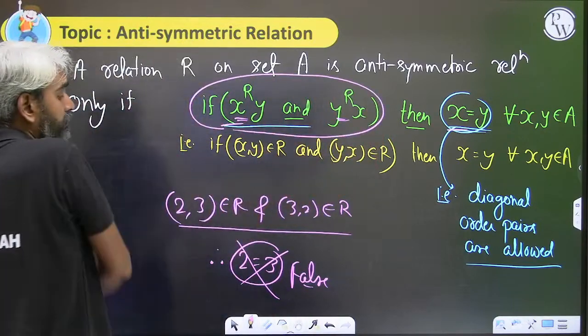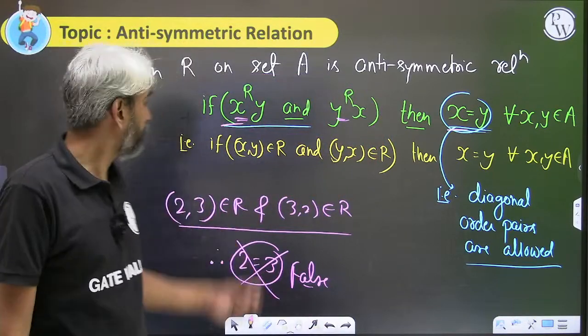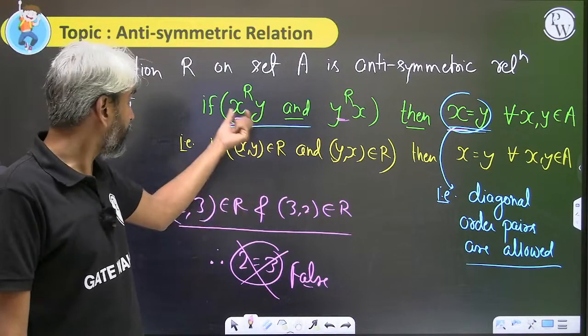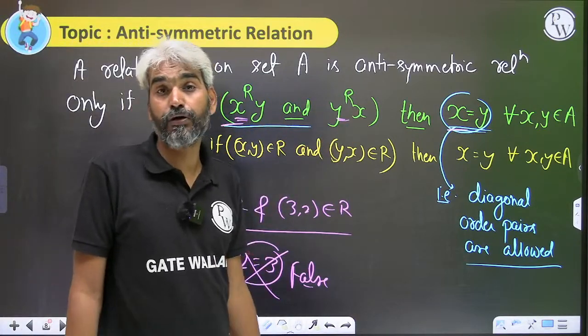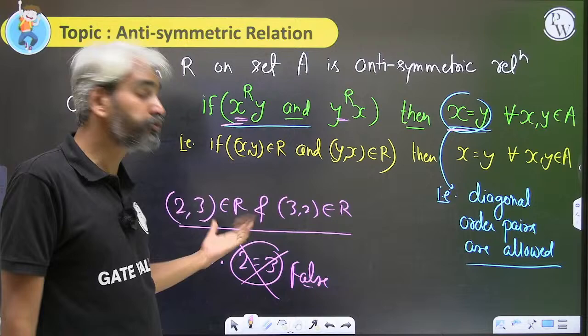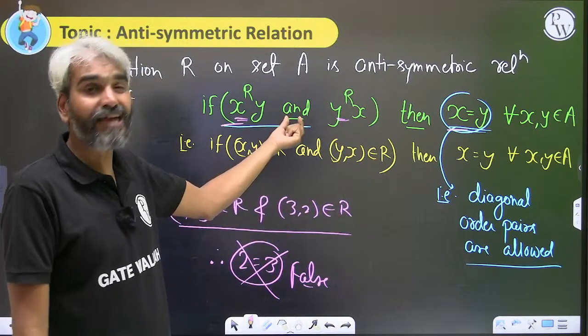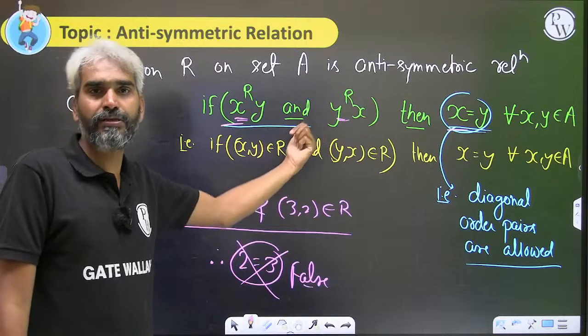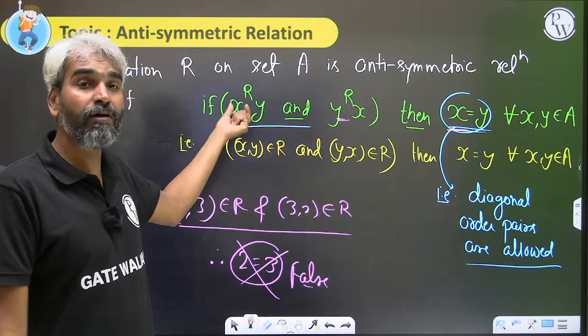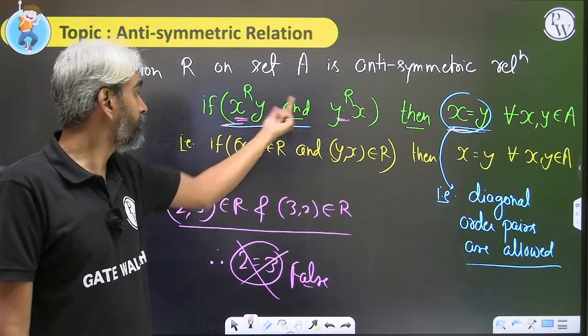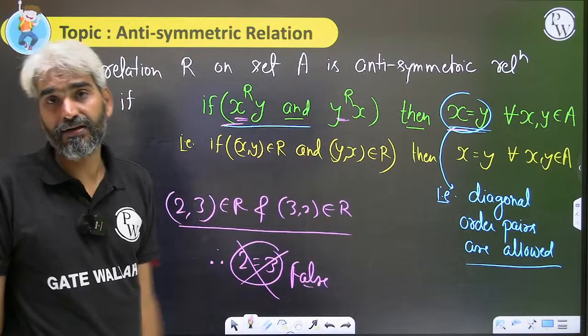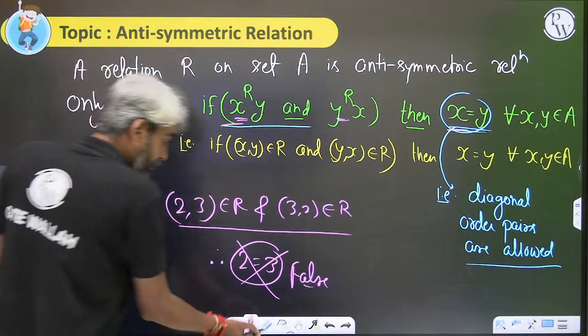That means it should not happen that both x comma y and y comma x belong to R. Either x comma y belongs to R and y comma x does not, so the and returns false. If x comma y itself does not belong to R, then this is false, so the and will return false. That's the idea. Clear?